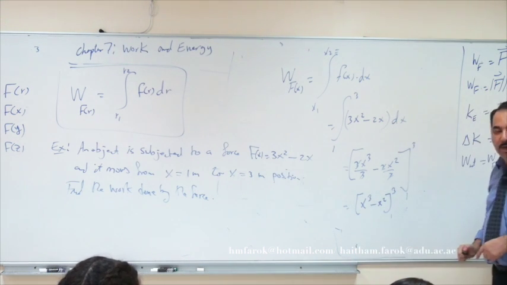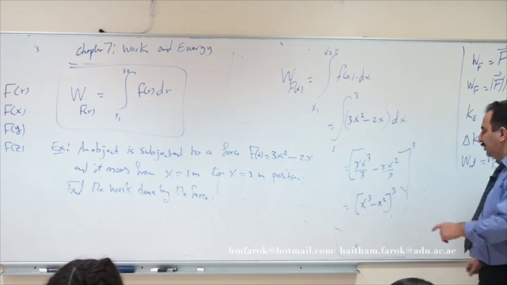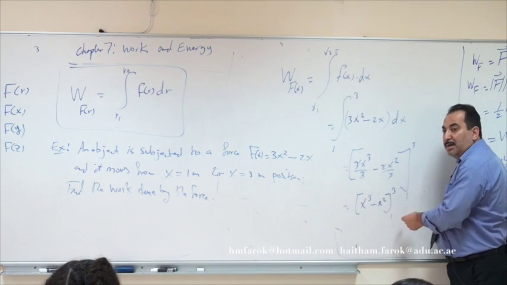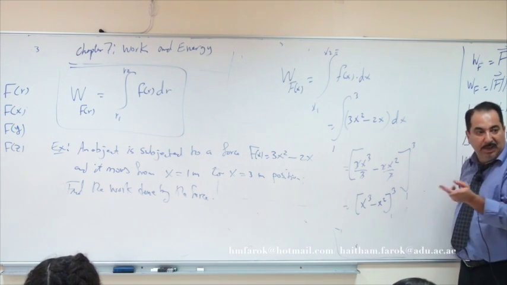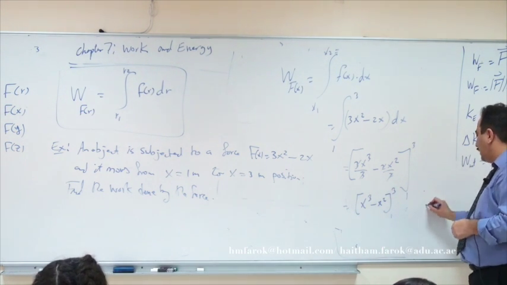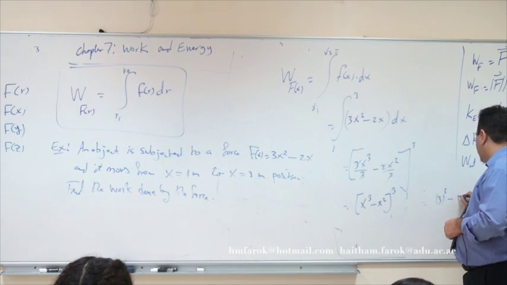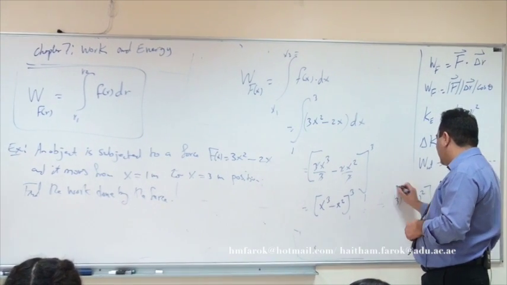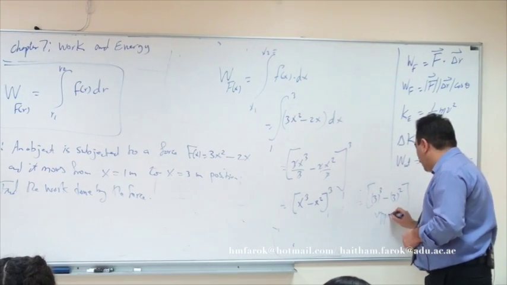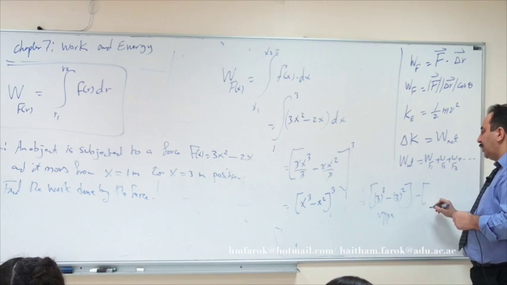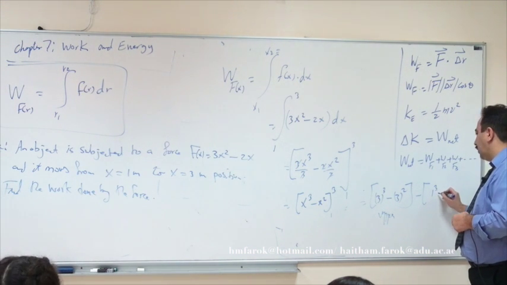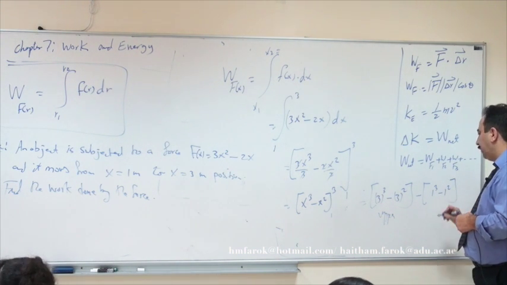Now, how do you evaluate? Remember in calculus, upper first. Upper minus lower. Don't make it the other way around. So here we say 3 cubed minus 3 squared. This is the upper. Minus, bracket, the lower. 1 cubed minus 1 squared.